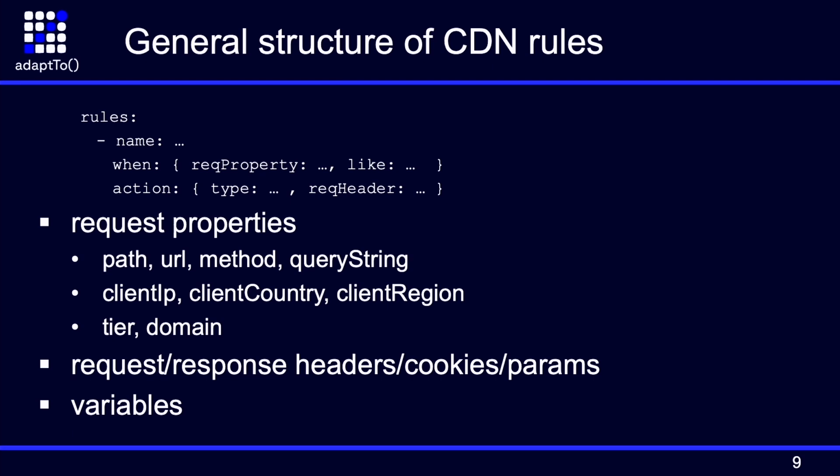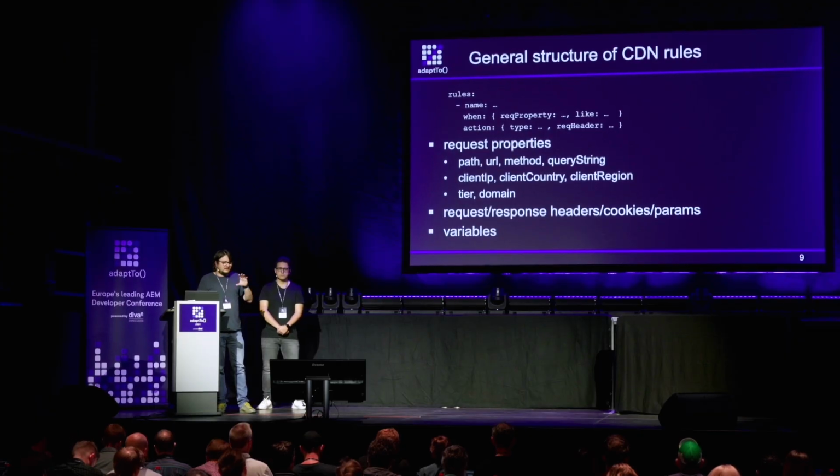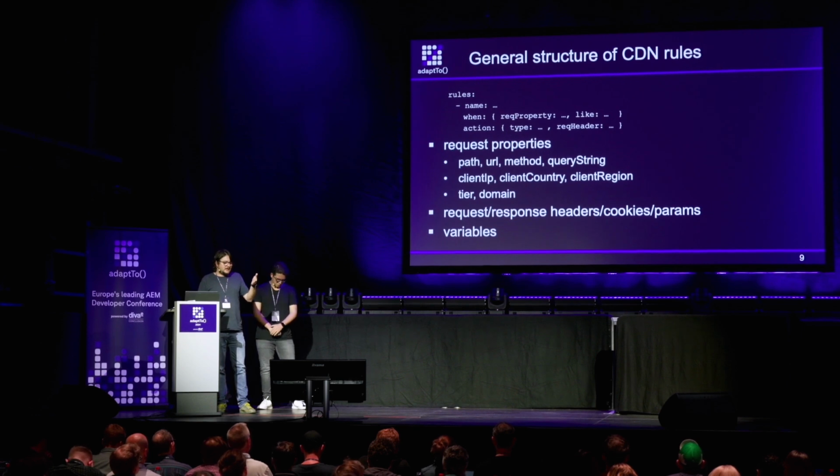You can define rules. The rules have a condition, a when condition, and an action. The conditions can be quite powerful. So you can write conditions on whatever is in the HTTP request. So on the path, query string, the method, the URL. But also you can write conditions on client IP.